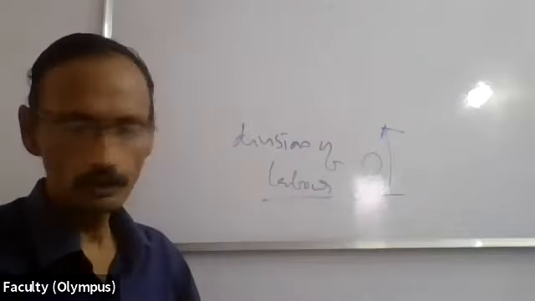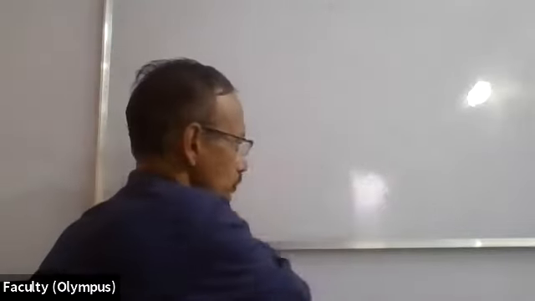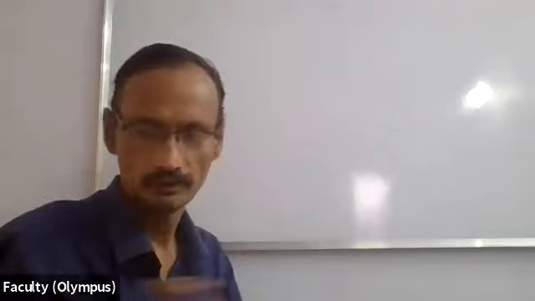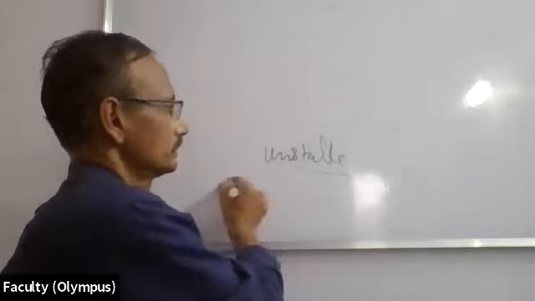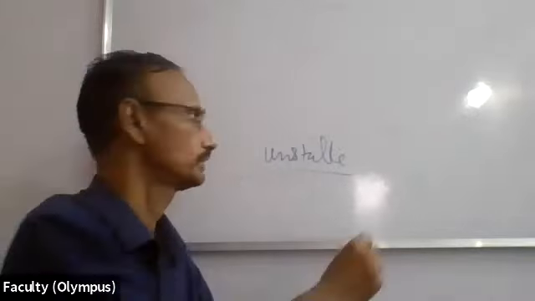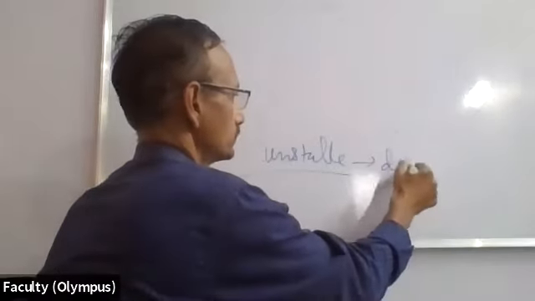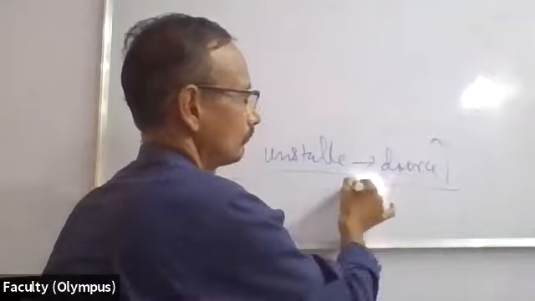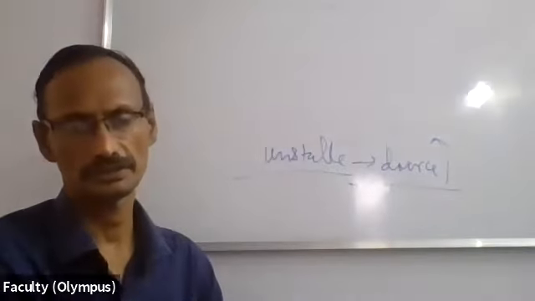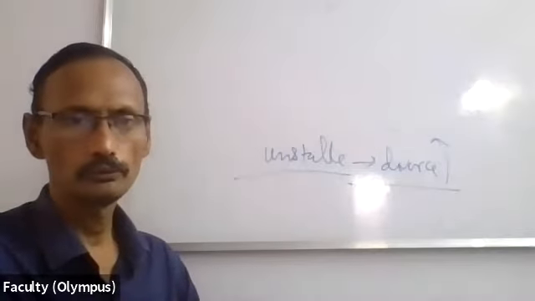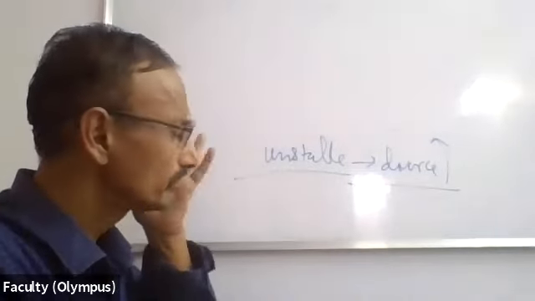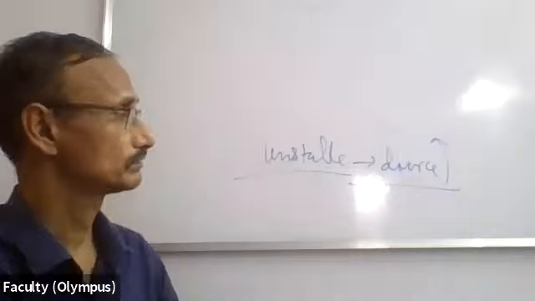But then, what is happening to the stability of marriage? Instability is also rising, which is reflected in higher divorce rates. Okay. But do divorces mean less faith in marriage?